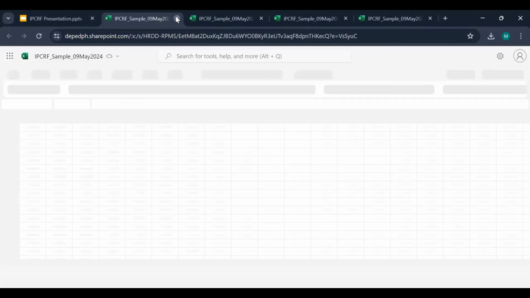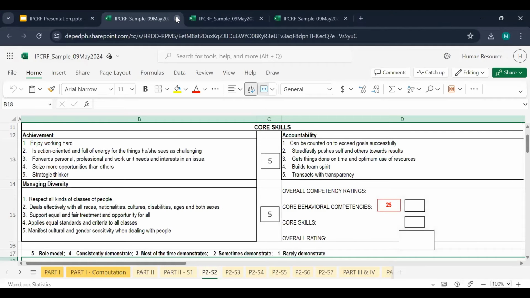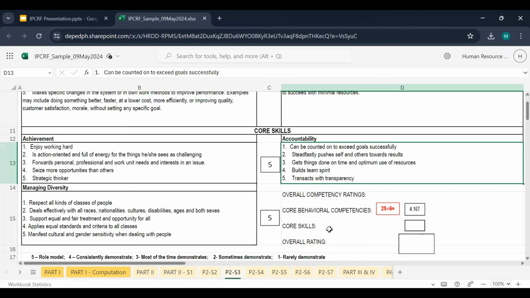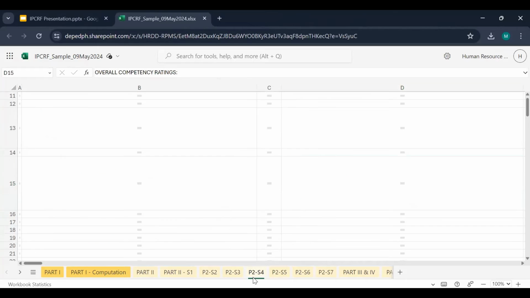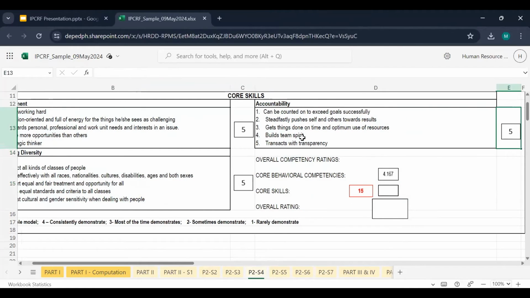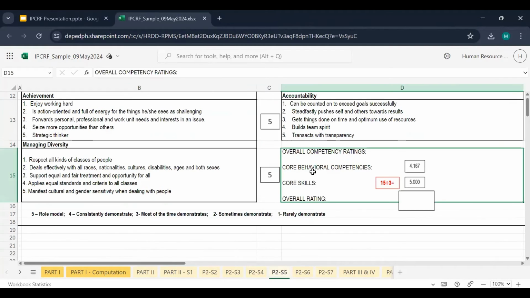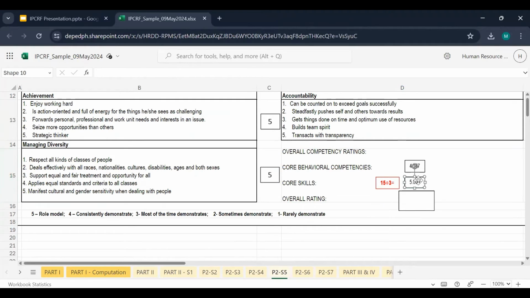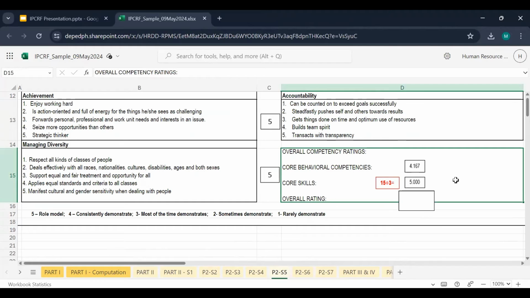Here is the sample. Mr. De La Cruz got a perfect score under the core skills. He obtained a 15. So divide it by 3 in order to obtain the core skills rating. So the rating under this one is 5.000.